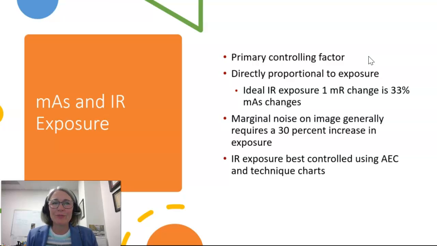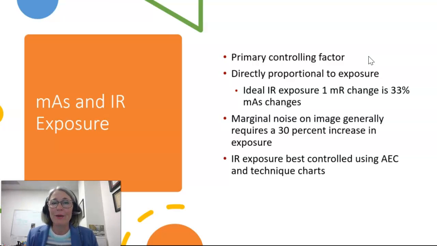So mass and IR exposure. So as we talked about, mass is the primary controlling factor. You want to use that first. Don't go to kVp. Direct proportional to exposure. So if you go up, your exposure is going to respond. Now, ideally, IR exposure, 1 mR change is 33% mass change. So that's in your textbook.